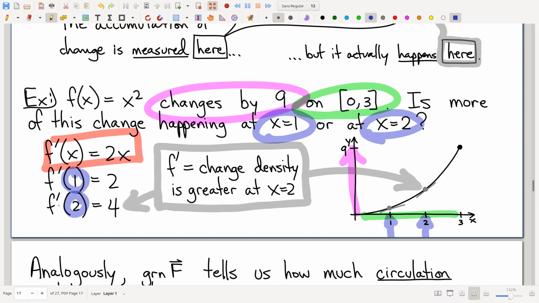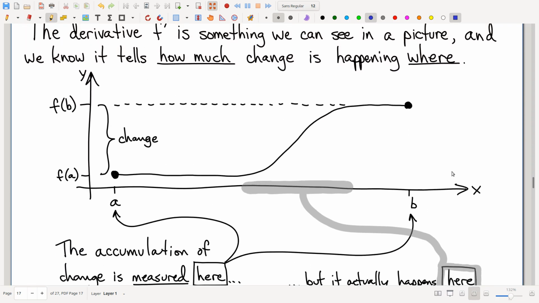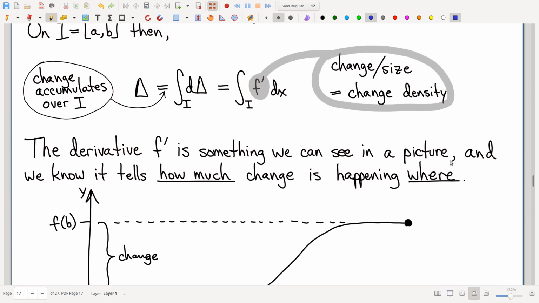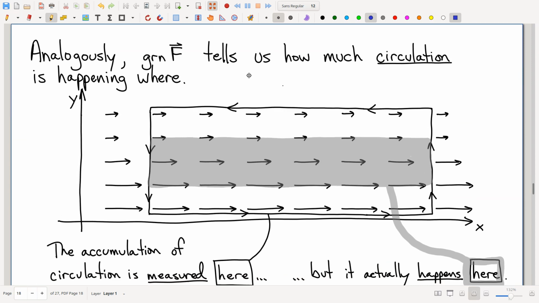Okay. All right. So I claim, and I think this is pretty believable, I hope, that in the same way that my density, aka my integrand, tells me how much and where of my accumulating quantity is happening in my domain, in this case, it does the same for these other theorems.